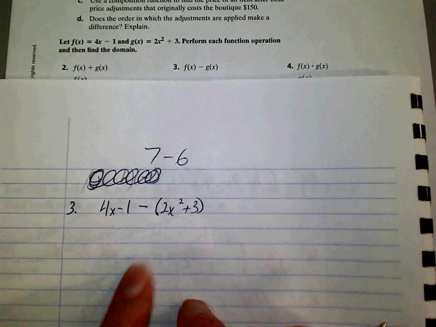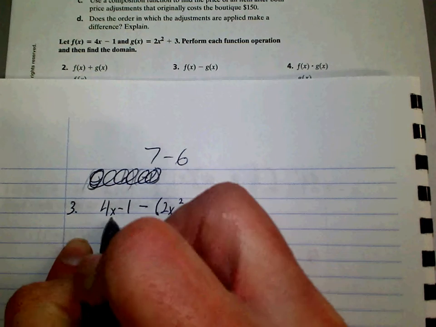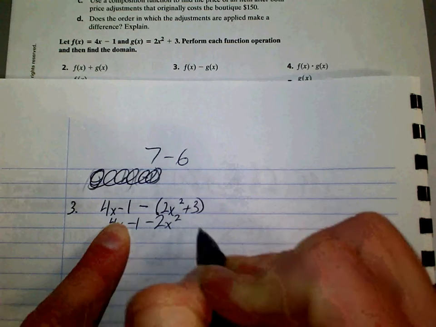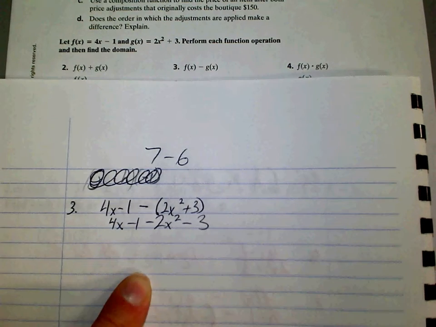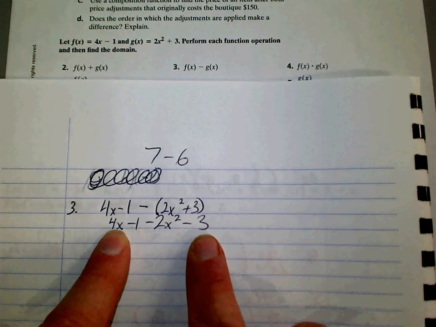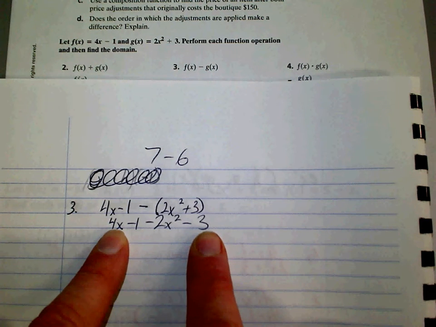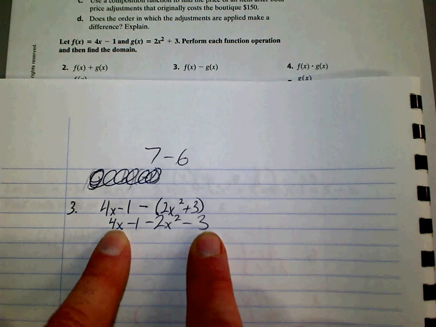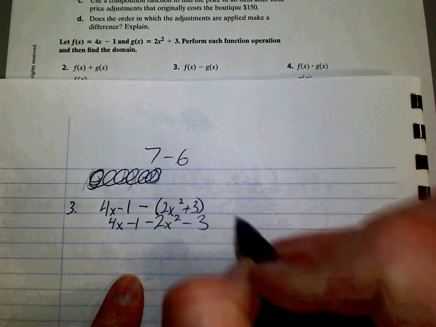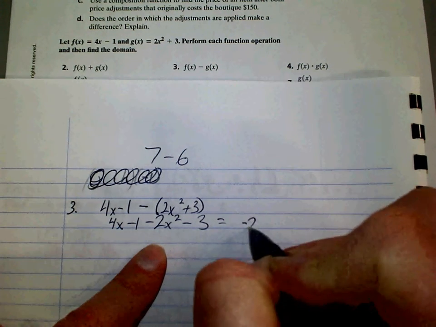All right, so if I do that, we get 4x minus 1 minus 2x squared, and then that becomes minus 3. Now, there is a little bit you can do here because of what? Yeah, like terms. We got the negative 1 and the negative 3. So I can write that out as negative 2x squared.